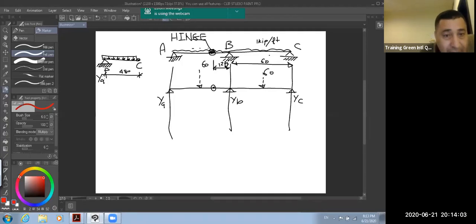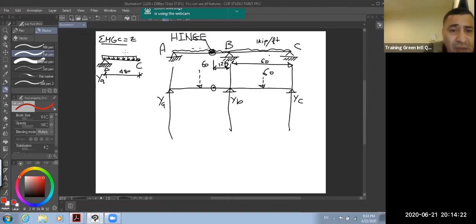Can you calculate YA? Yes. Take sigma moment at C equal to 0, because it's a hinge.